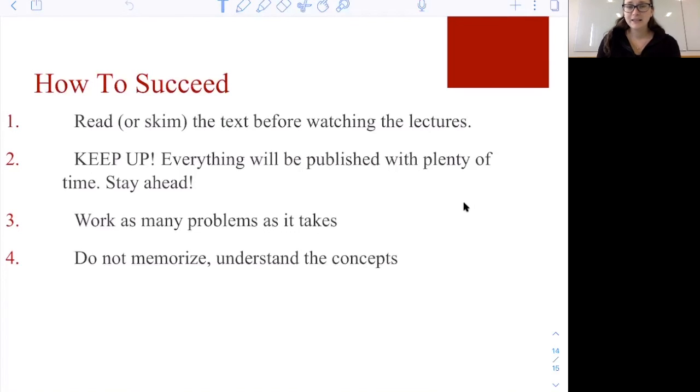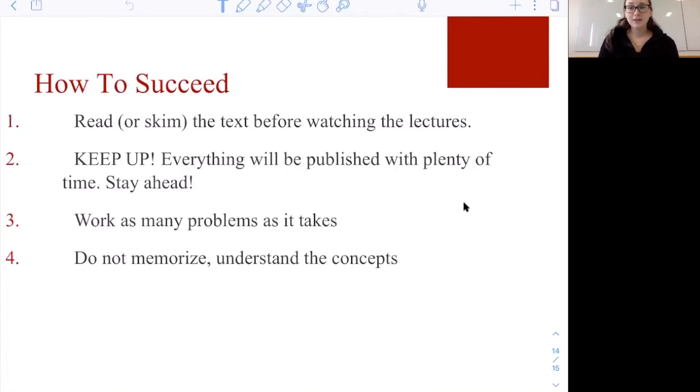Number three is work as many problems as it takes. So there's a lot of practice problems in your textbook. I am not assigning or grading practice problems in your textbook. So please, please utilize your textbook and those problems so that you can understand the concepts and utilize them. And then lastly, as I just kind of said, do not memorize, but understand the concepts.